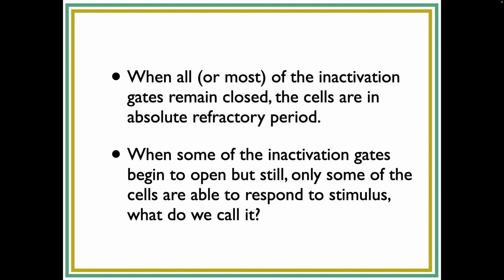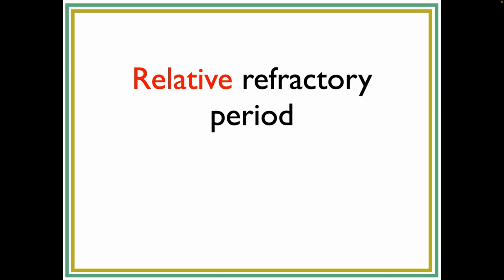Things go haywire, and in a minute I'll tell you what I mean by haywire. Things go haywire if some of it's working and some of it's not. That's a bad way for a heart to operate. We want it to all operate as one. We don't want some of it to be working and some of it not. Okay? So that period is called relative refractory period, when some of the heart is ready to depolarize and some is not.